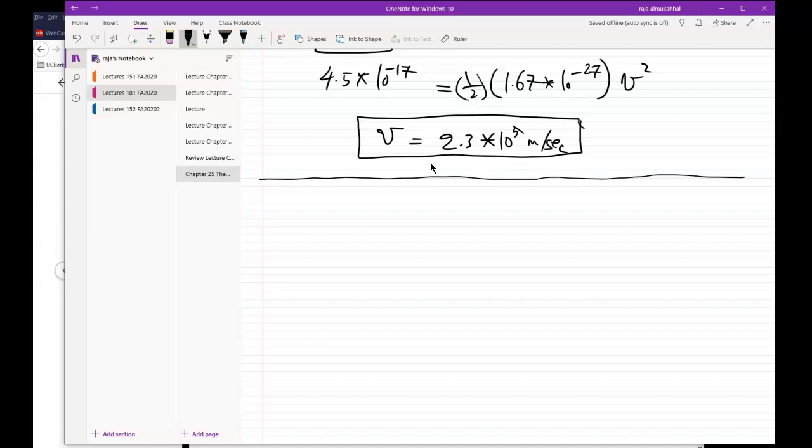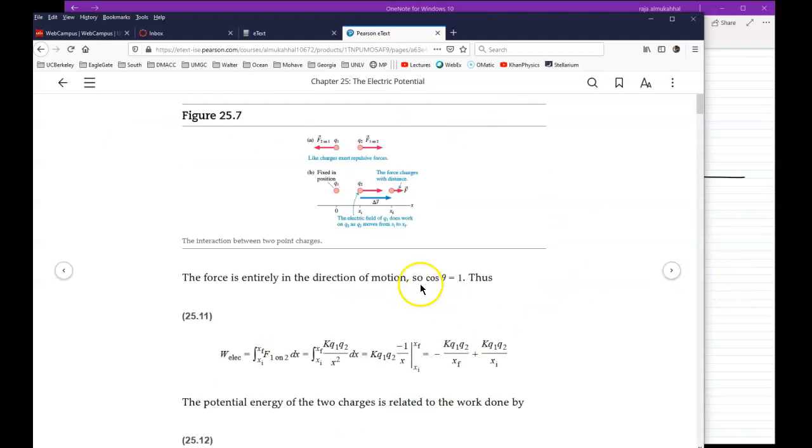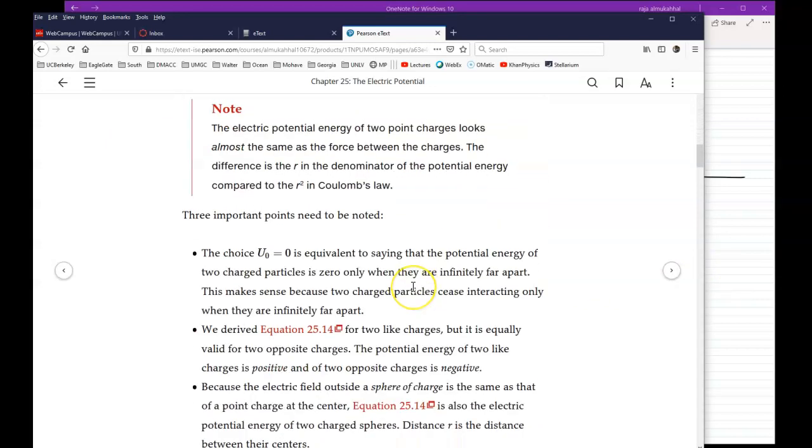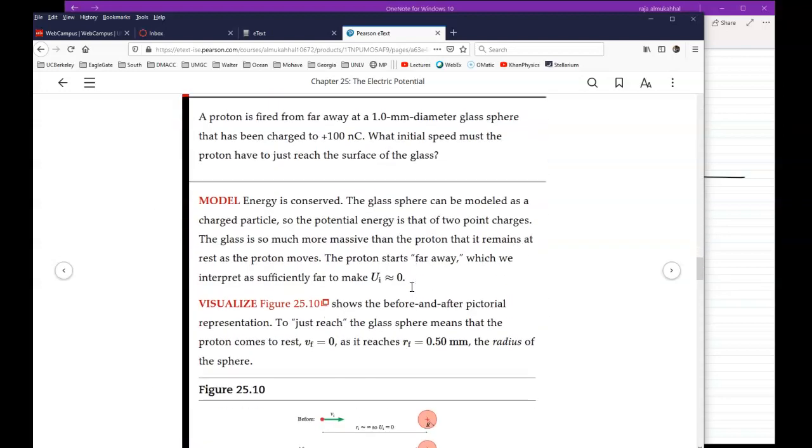All right, example, actually 1, 2, 3 more. All right, example 25.2. I have two in a row, 25.2 and 25.3. They're both in a row. I'm going to do them both.